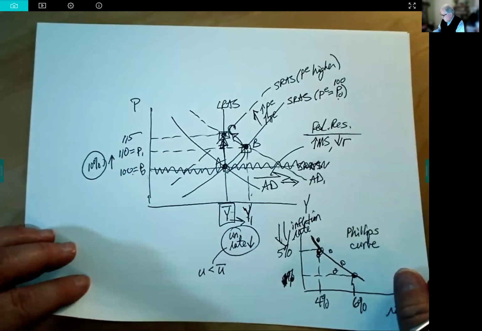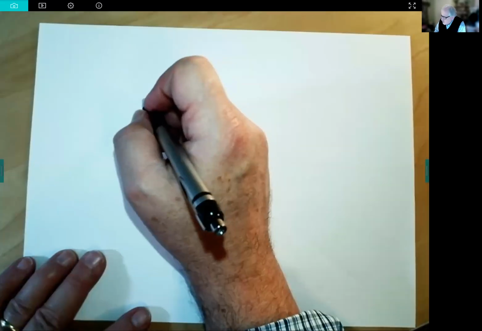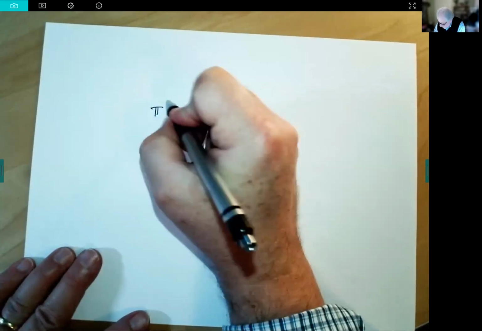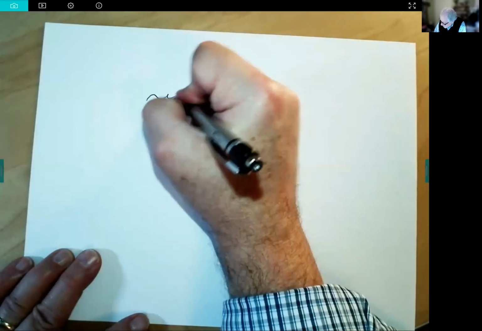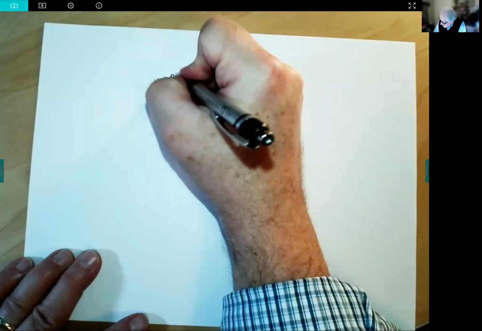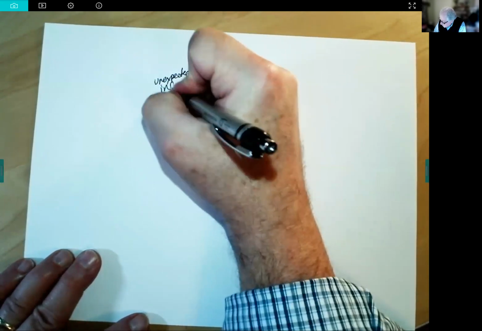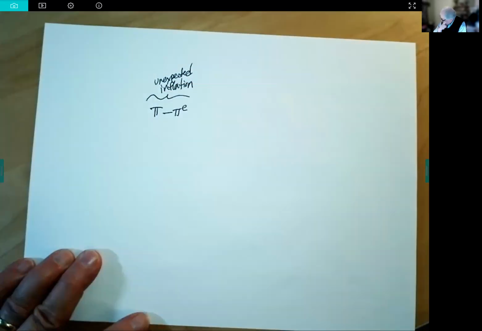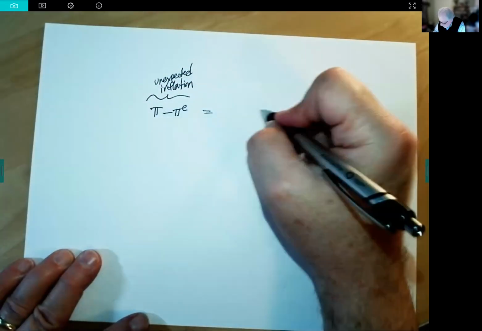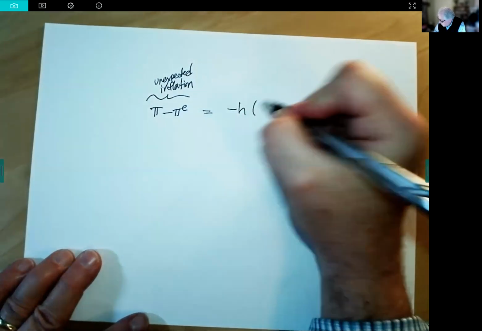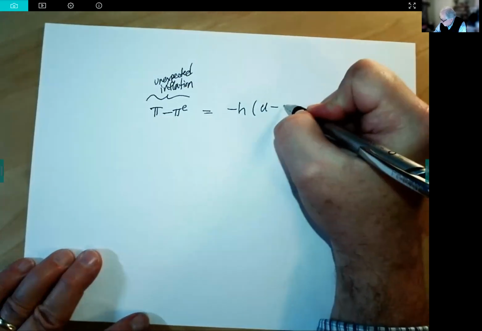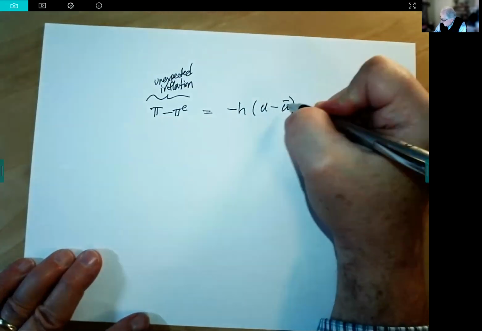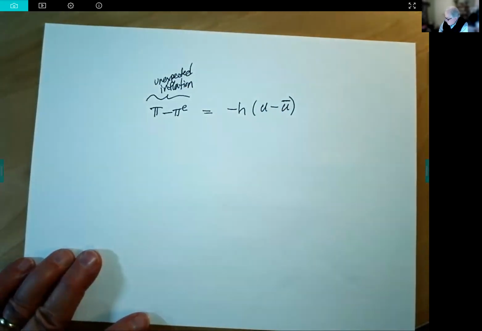So what that leads us to is this relationship. The difference between unexpected inflation, like we just showed in that example, is related to cyclical unemployment, or the difference between the actual level of unemployment and the level of unemployment at potential GDP, or the natural rate.